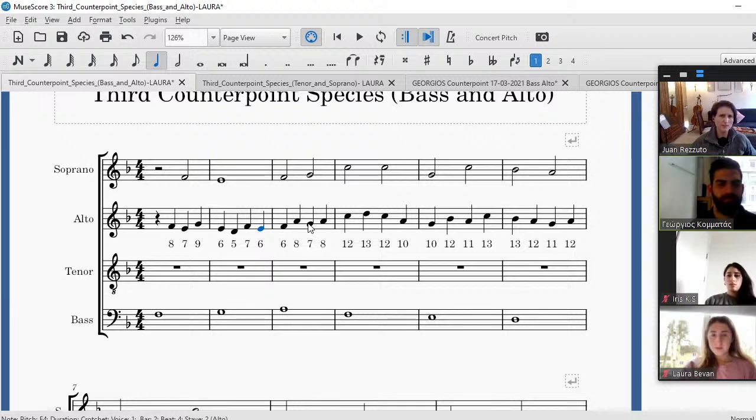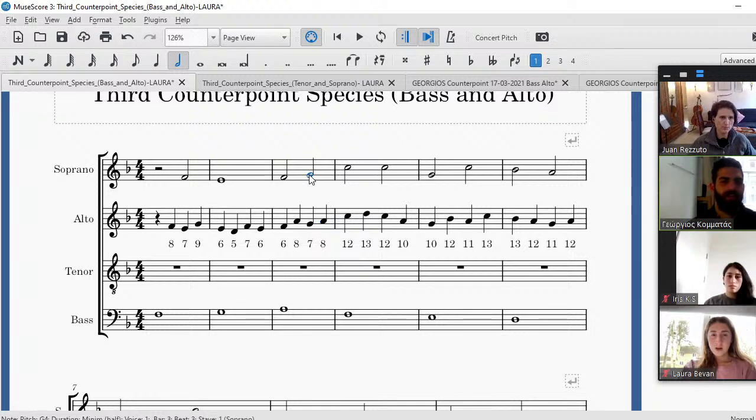I was trying to make the point of a dissonance on a beat where it was not supposed to be. So if we put F and then two notes, on beats 2 and 4, and then the dissonance on the strong beat.